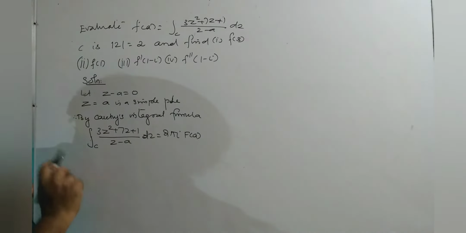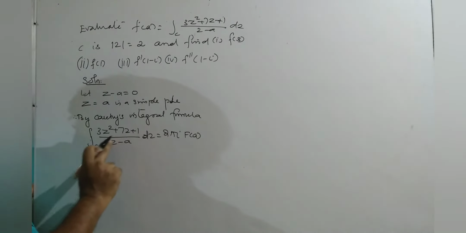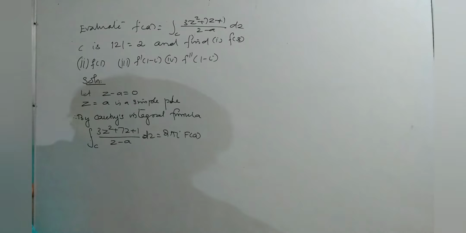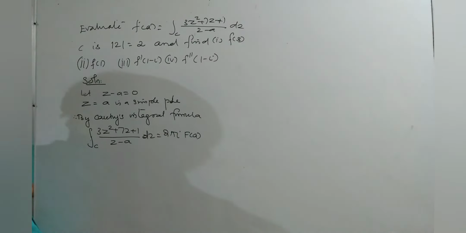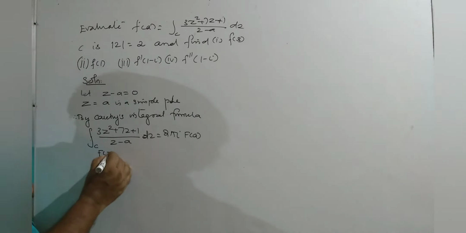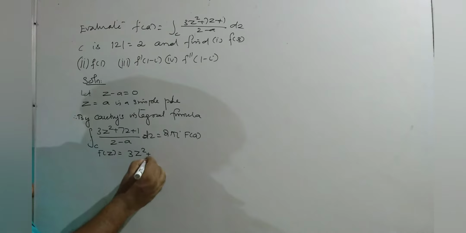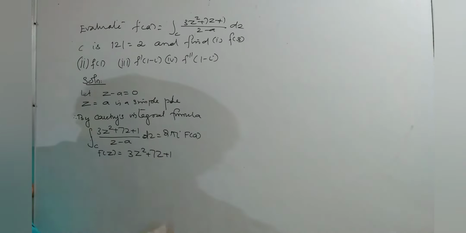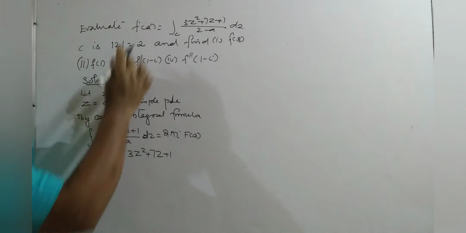Once again, by Cauchy's integral formula, integral over C of 3z square plus 7z plus 1 by z minus a dz is equal to 2 pi i into f of a, where f of z is equal to 3z square plus 7z plus 1. But this value is equal to what? This is F of a.